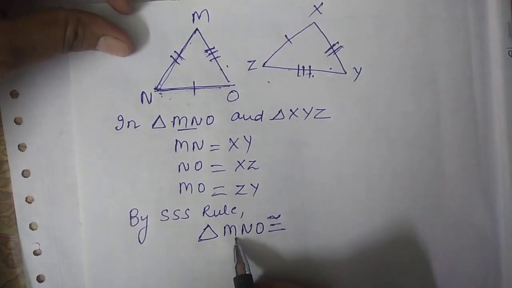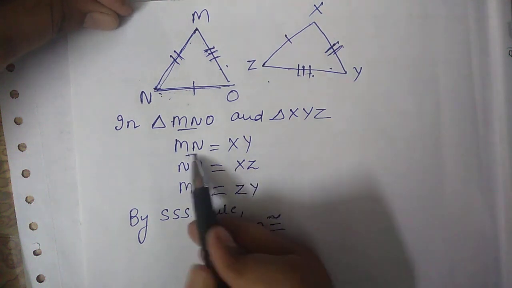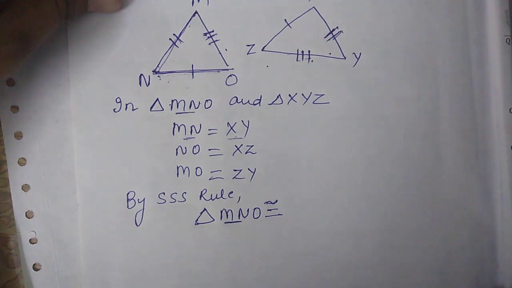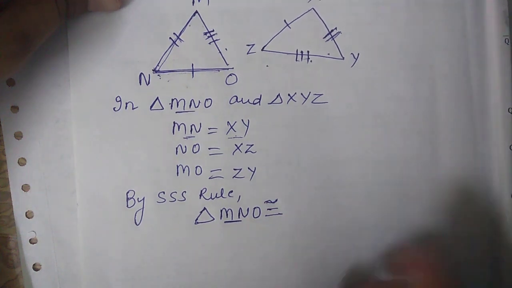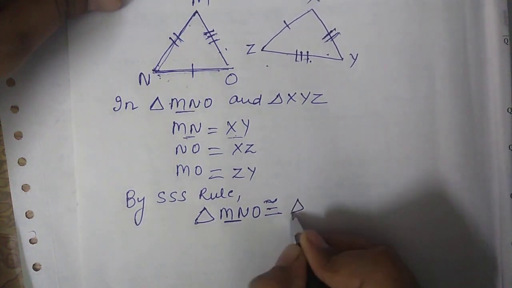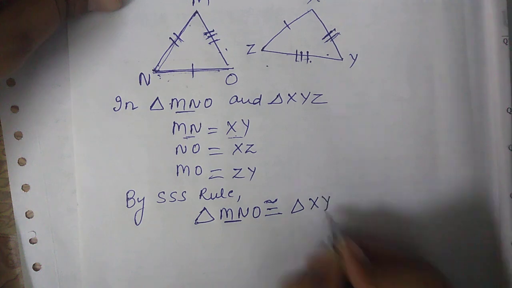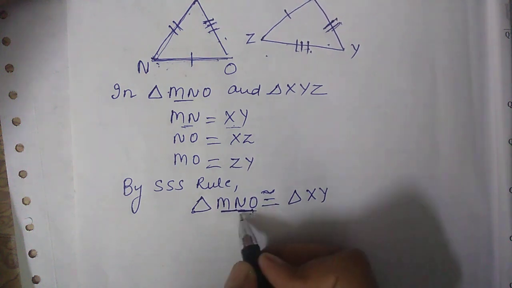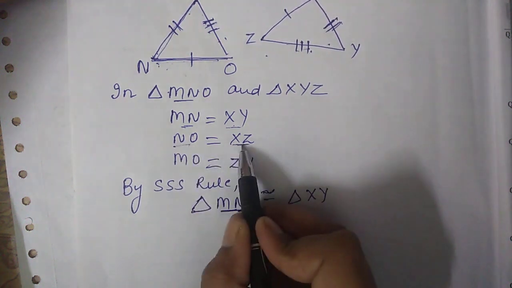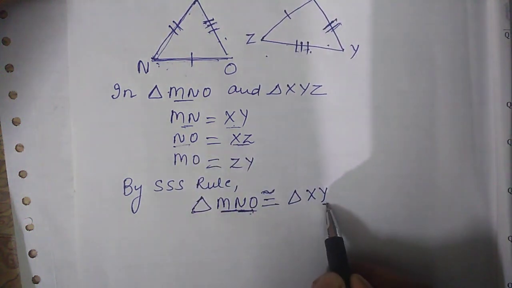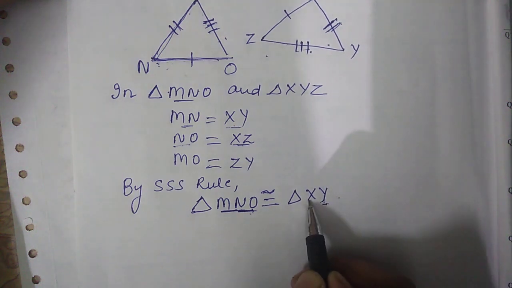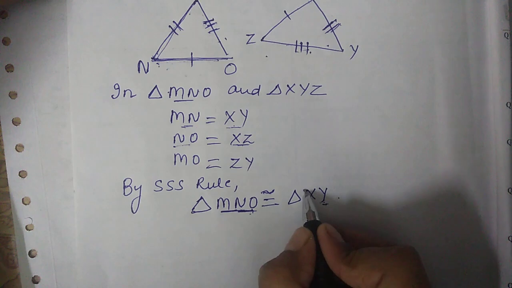Now you have to observe, MN is equal to which side? That is XY, or you can write YX also. Let it be XY. So at the first two positions I will write XY. Then NO, or you can say ON. NO is equal to XZ. But here it is Y. I need X and Z, but X is at the first position, so I will replace it.